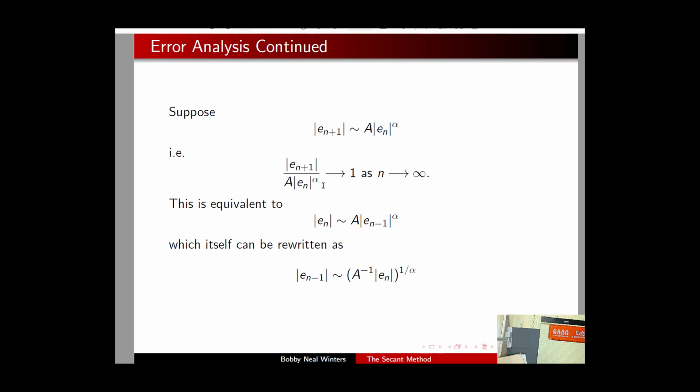Now we suppose that we have this asymptotic relationship right here. We're going to want to find the values of a and alpha. Doing our algebra on this, doing our rewriting, we get it to here.